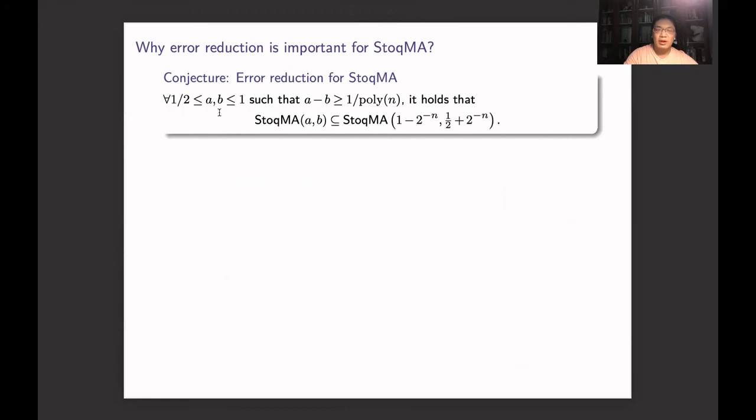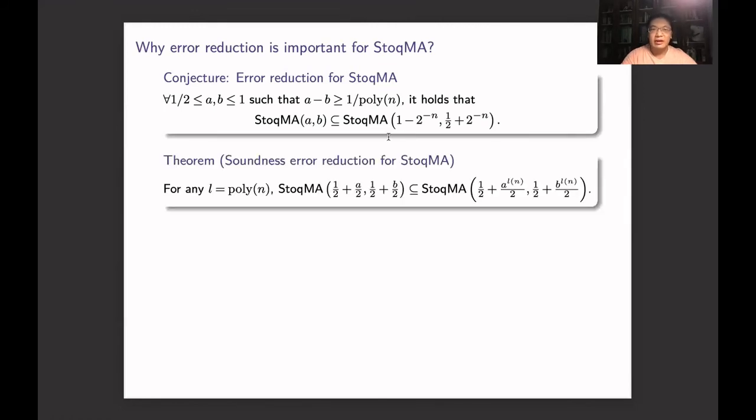For any A, B between half and 1, such that the gap between A and B is at least inverse polynomial, then StoqMA with completeness A and soundness B is contained in StoqMA with completeness 1 minus 2 to the minus n, and soundness half plus 2 to the minus n. Namely, the threshold parameters can be made essentially close to 1 and 1/2.